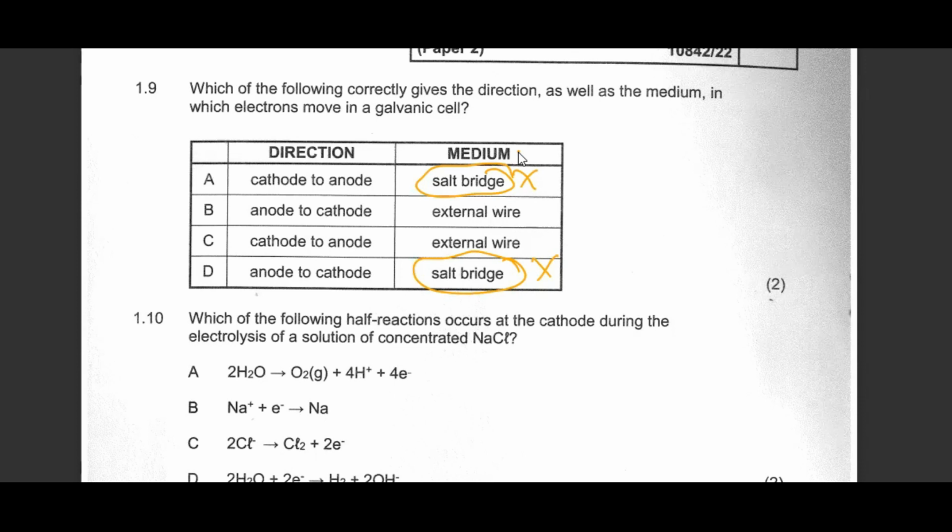Then you have what you call the anode to the cathode and the cathode to the anode. So in this case, you need to remember the direction and medium of electron movement.